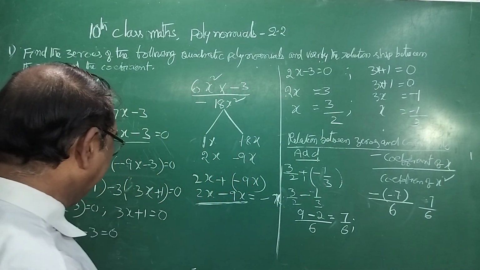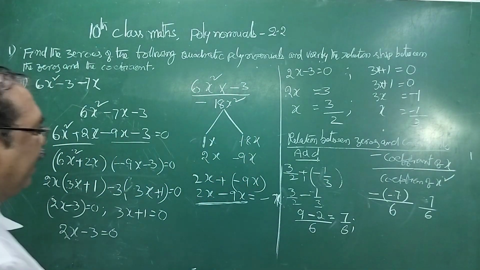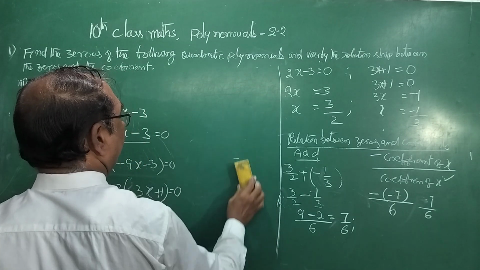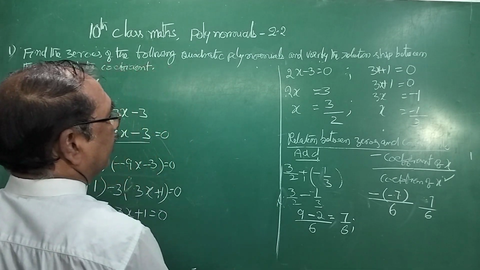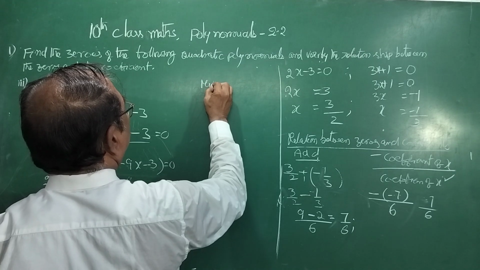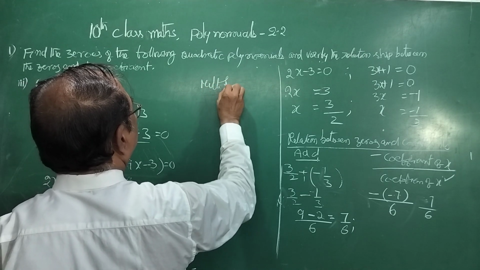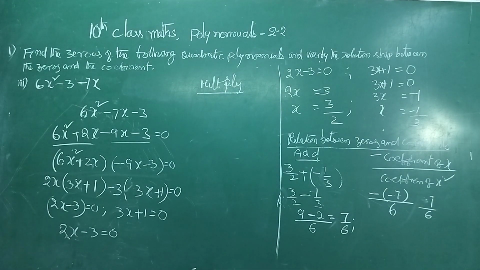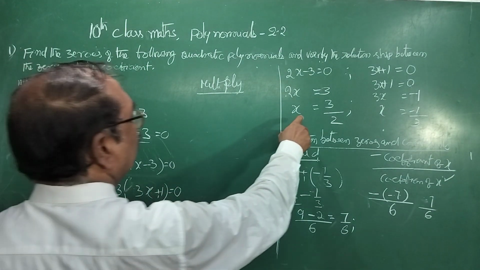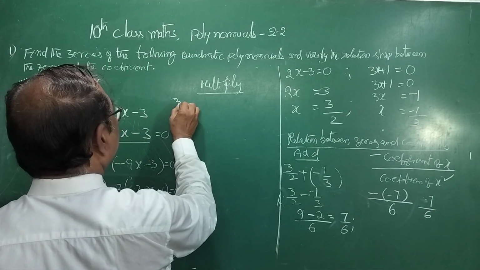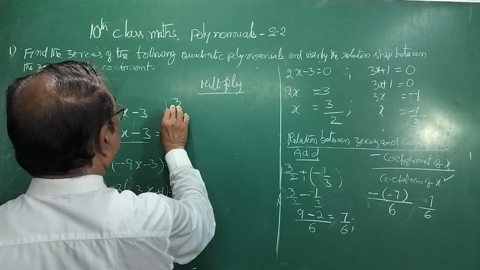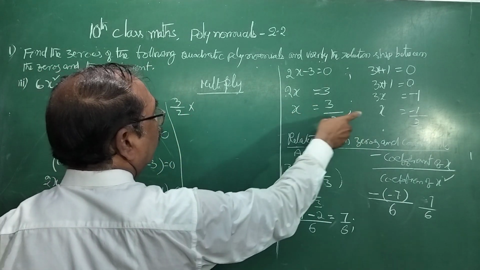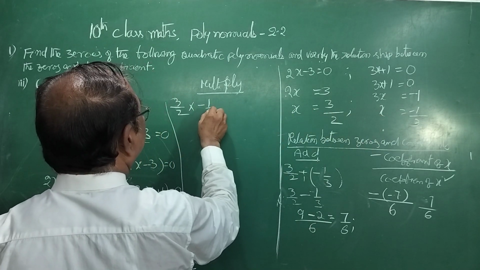When we multiply these two zeros, let us see. The two zeros are 3 by 2 and minus 1 by 3.